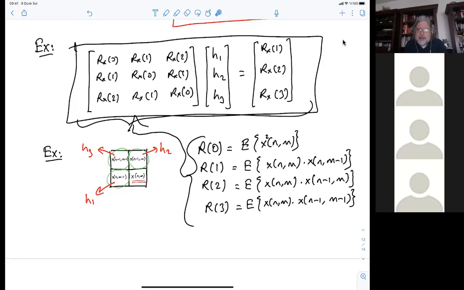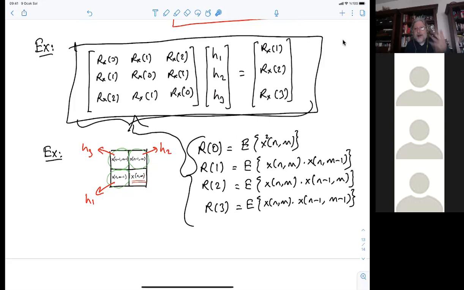So, is this clear now? I have to ask this question at this point. If you understood how to construct a two-dimensional linear predictive filter, it's fine. If you did not, you have to go through this again. As you see, there's a problem about what kind of correlations you are going to use, and the correlations are then ordered like to the left, to the top, to the diagonal, and to the other directions as well.